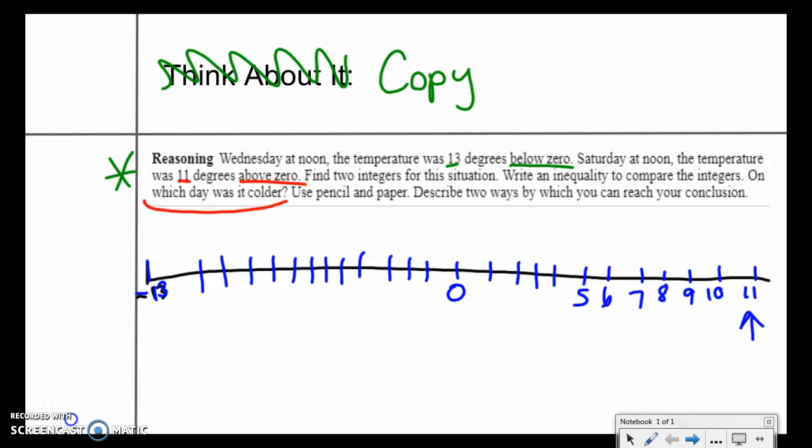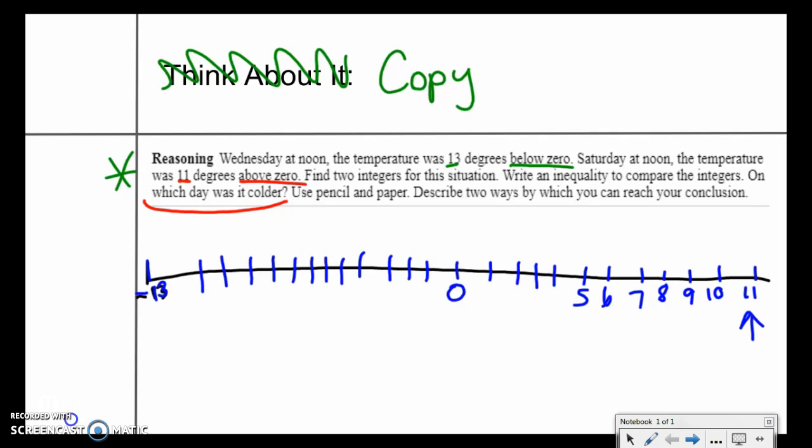And we've been talking about temperature for a few years now, so we can use common reasoning and think, well, 13 degrees below 0 is going to be way colder than 11 degrees above 0. 11 degrees is still pretty cold, but it's nowhere near as cold as negative 13, okay? So that's one way to think about it.